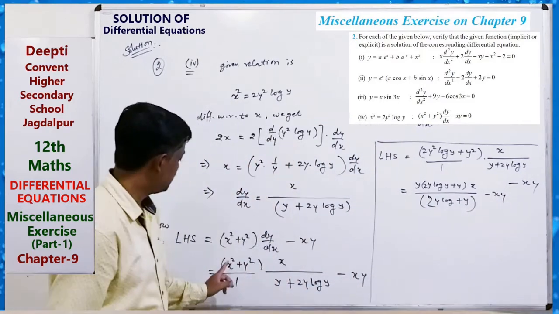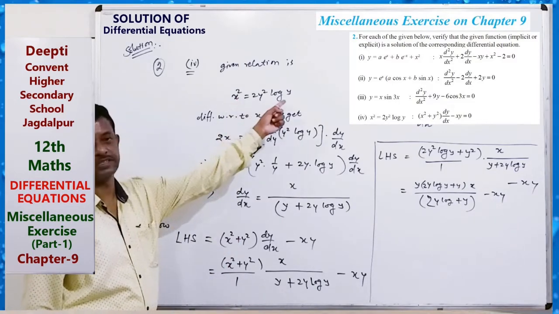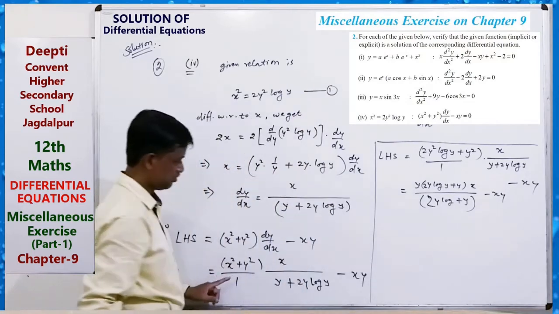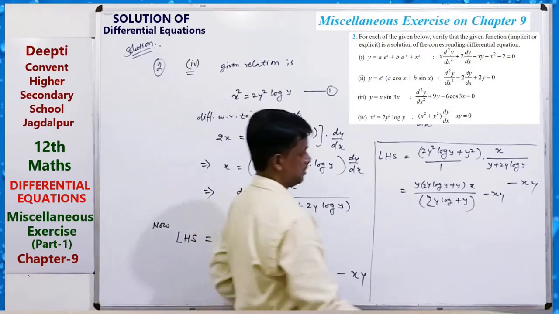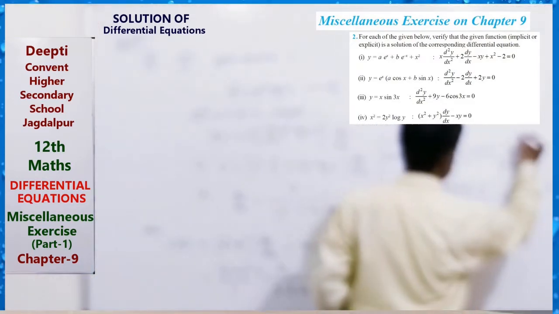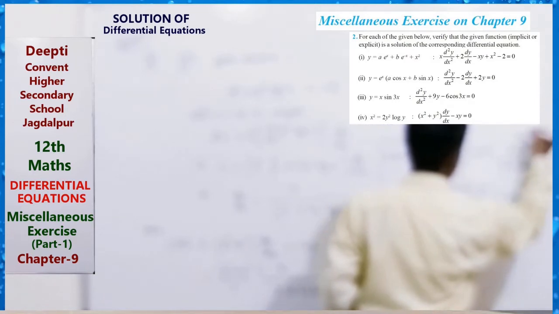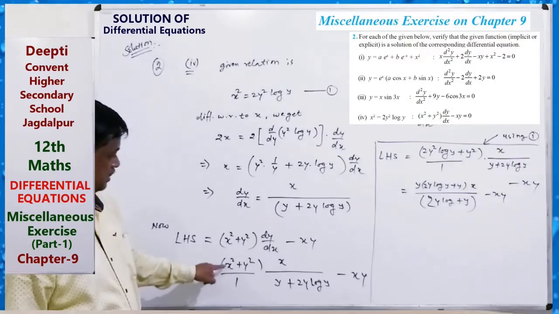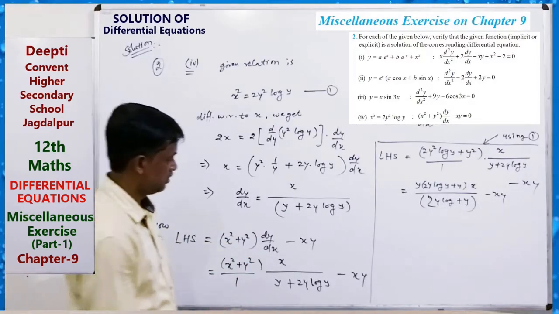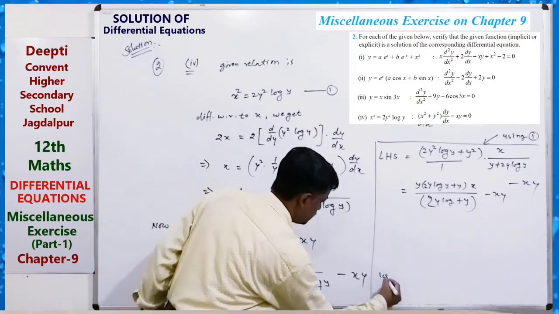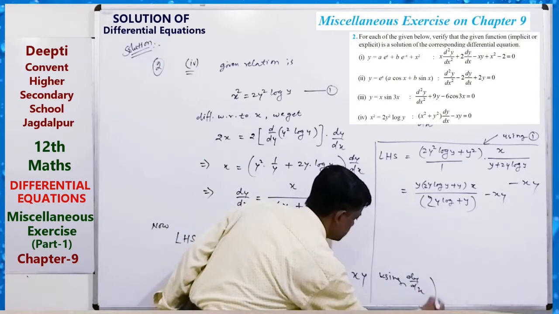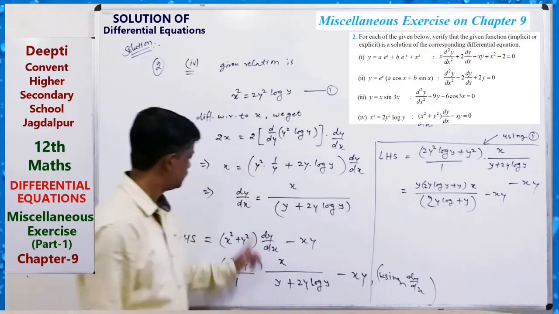Okay, in place of x square we just put this, using 1 here, and using dy by dx, dy by dx equals to this.